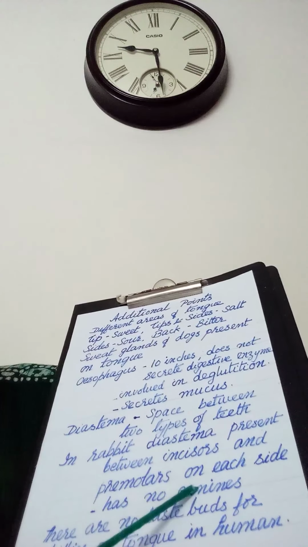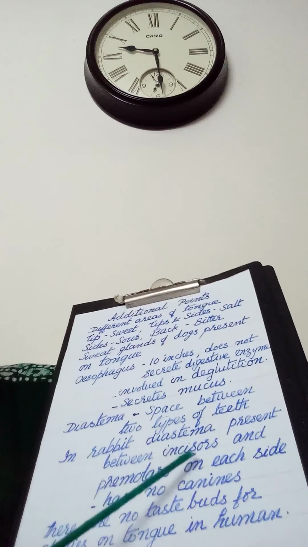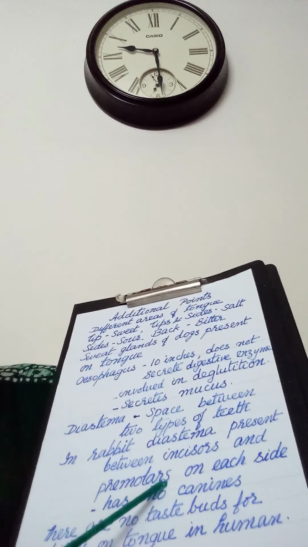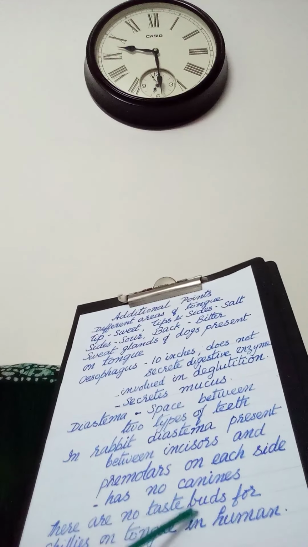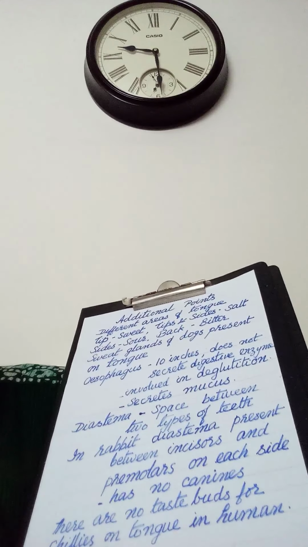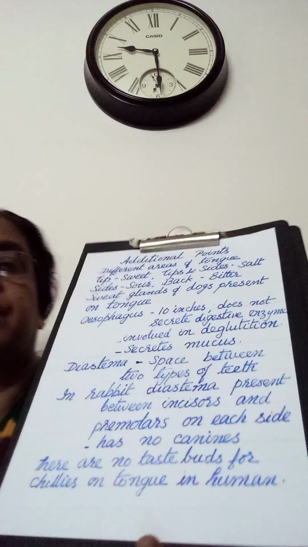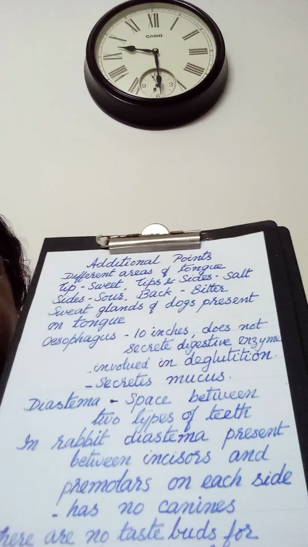In rabbit, canines are absent. So, diastema meaning the space between incisors and premolars. Then, there are no taste buds for chilies on tongue in human beings. All these are additional points.